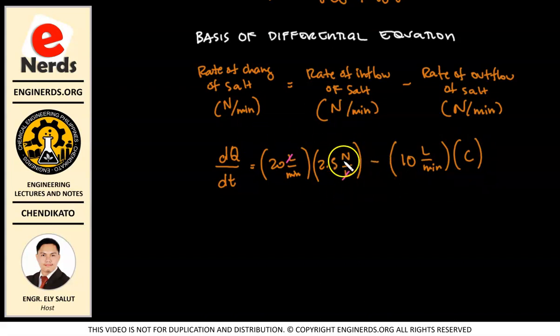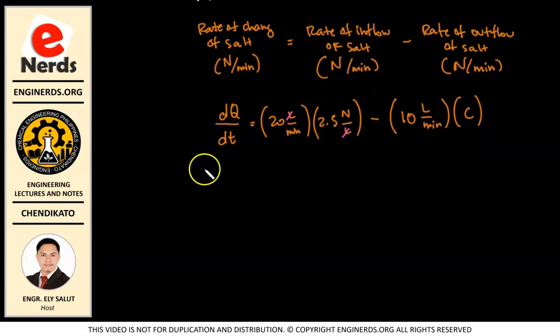So I'm going to remove our units for now para mas mapadali yung ating computation. So we will have here dQ over dt is equal to 20 times 2.5, which is 50, minus 10 times C.